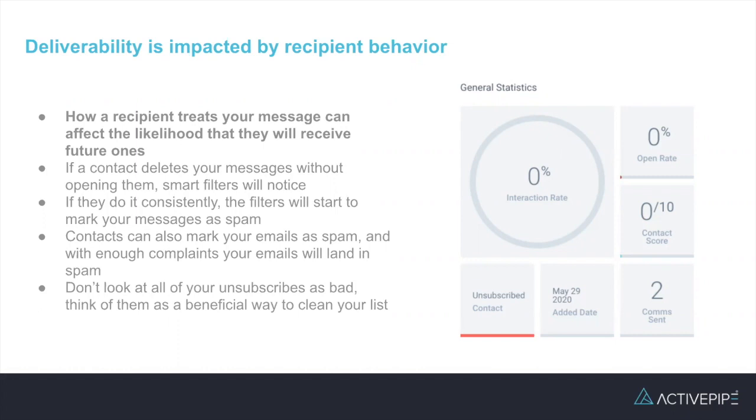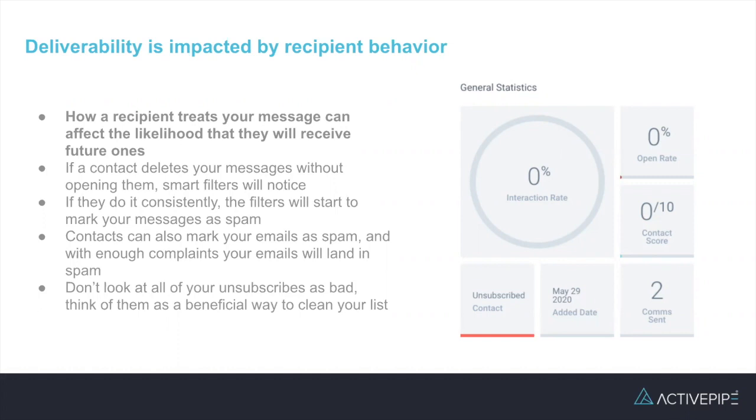For example, if a contact deletes your messages without opening them, smart filters, especially in Gmail, will notice this behavior and flag it, and your messages will start landing in other folders like spam or, in Gmail, the promotions tab.